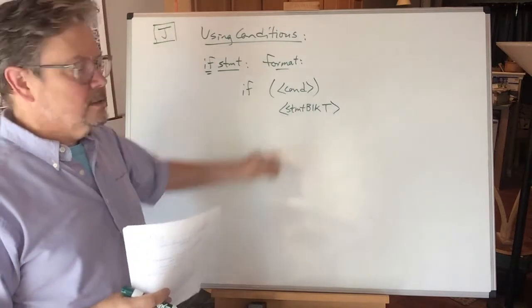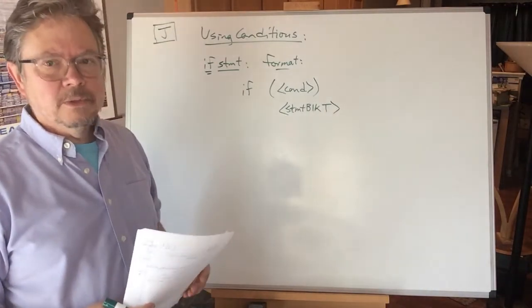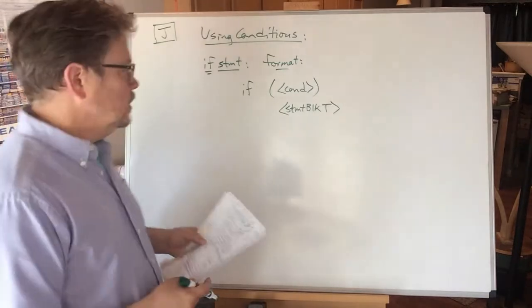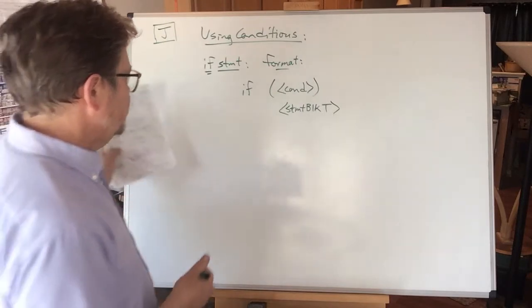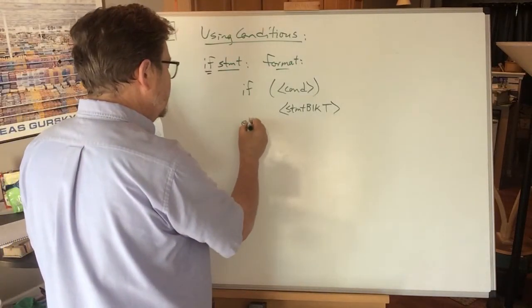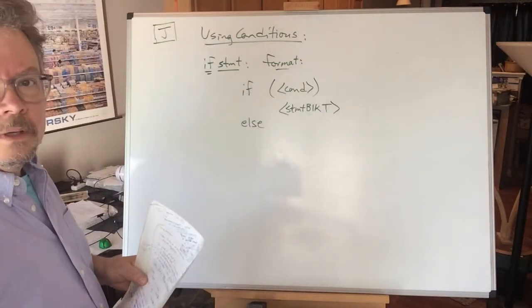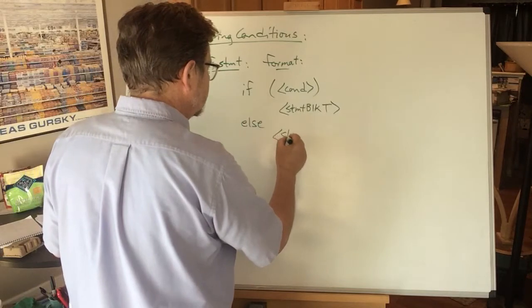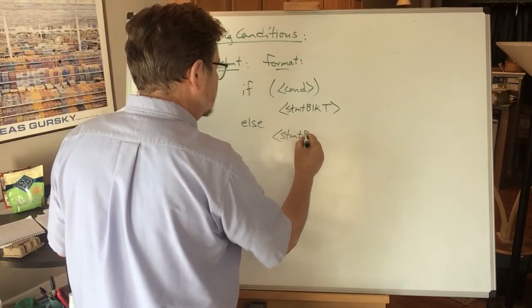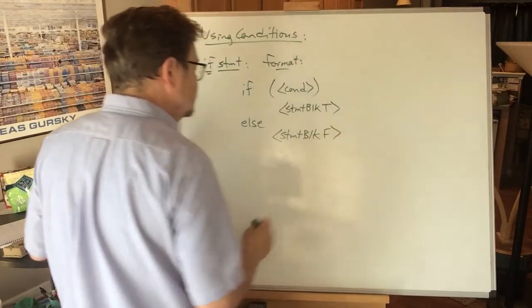If you're wondering where the curly brackets are, they're built in. A statement block, by definition, is a sequence of statements enclosed in curly brackets. Now, I said we might need another statement block. That's optional. We might have an else, also a reserved word in C++, and a statement block, STMTBLK, but this one's statement block false.